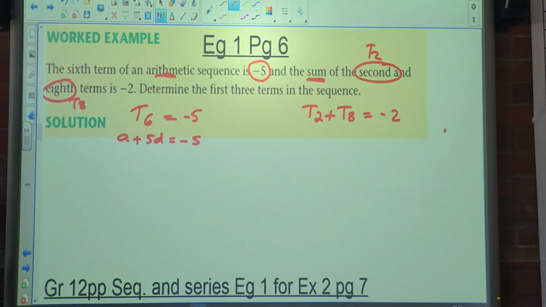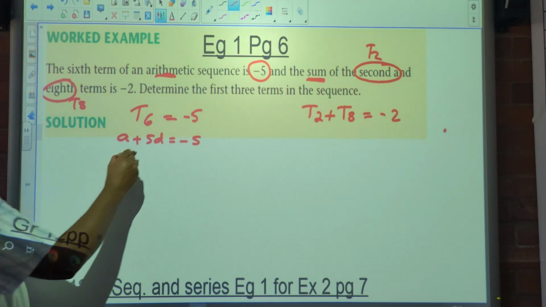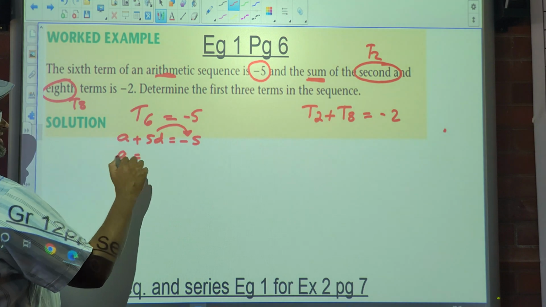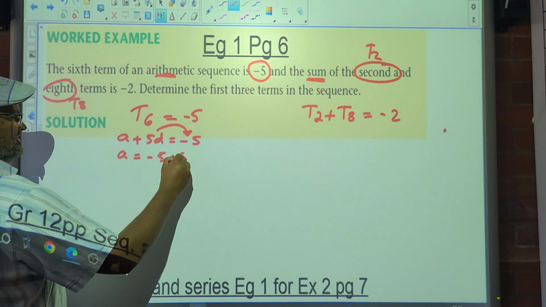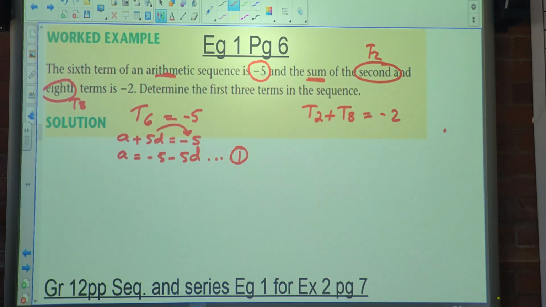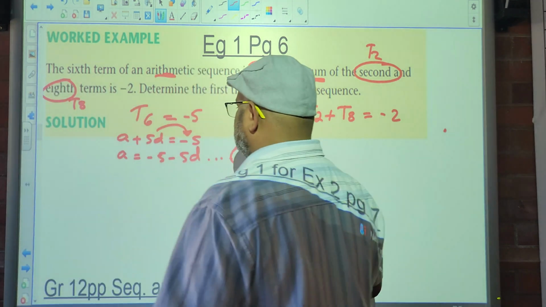So what do you notice now? You guys notice nothing? With 2 unknowns, it's going to result in a simultaneous equation. Okay, you guys think you did these simultaneous equations for nothing?